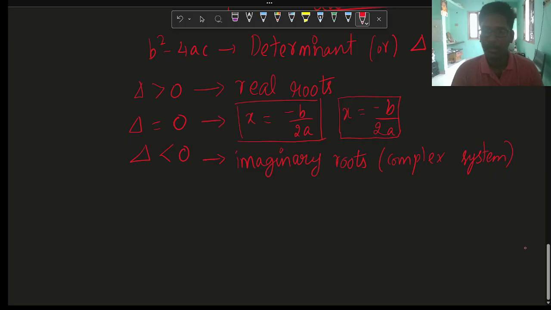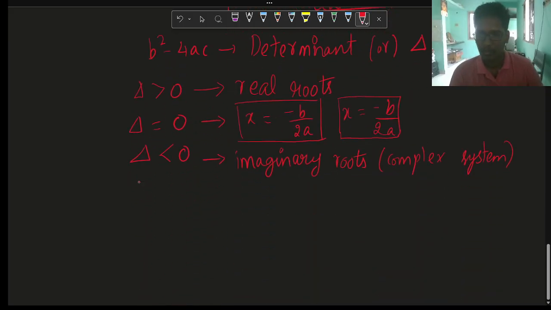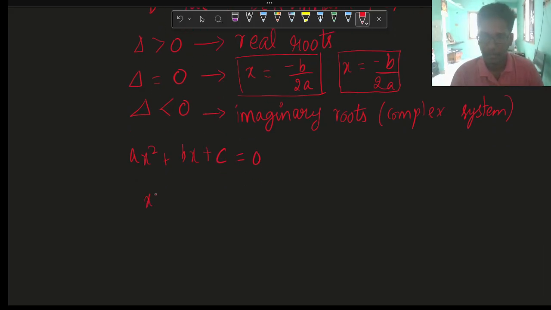So this is how the quadratic equation behaves, in that particular form, ax² + bx + c equal to 0. And I told you to divide the whole equation by a.